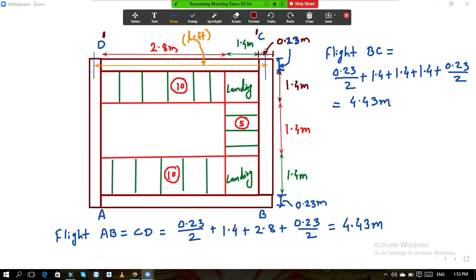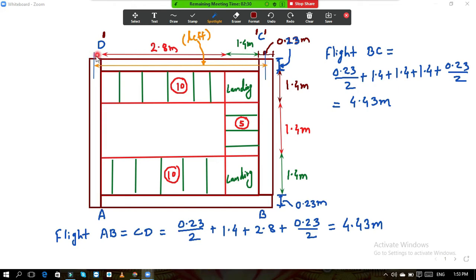If this total support is 0.23, then this will be 0.23 by 2. That is the remaining distance. So from this point, the distance will be 1.4 plus 0.23 by 2.